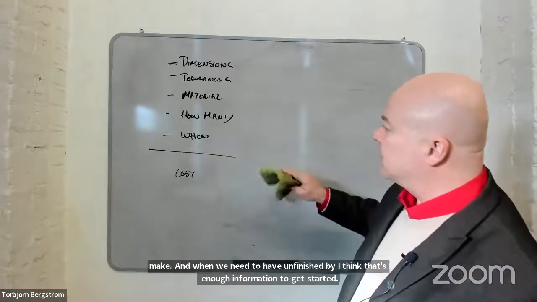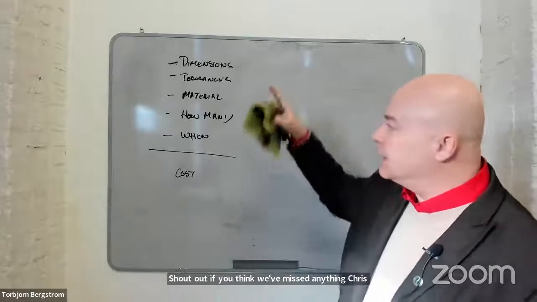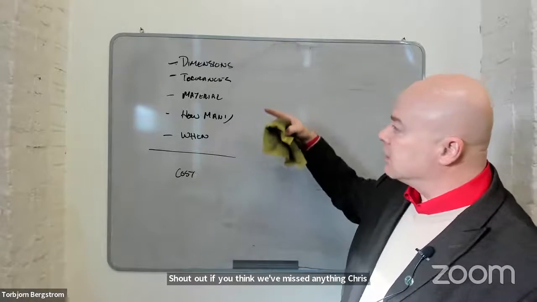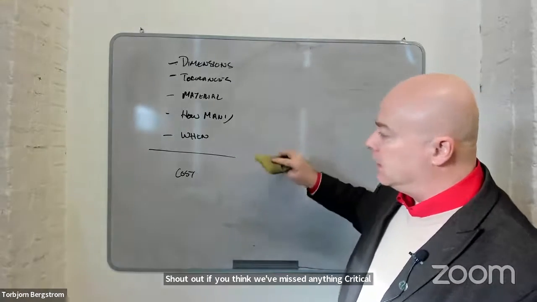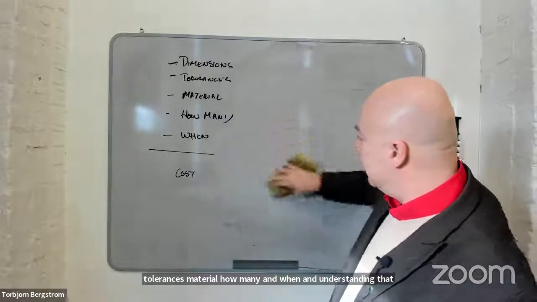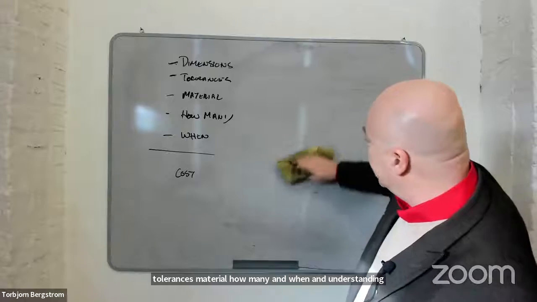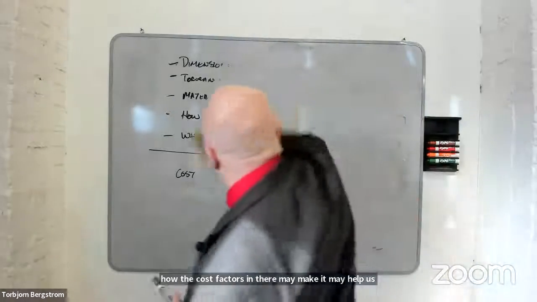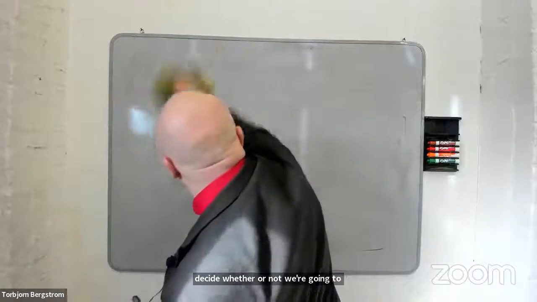Shout out if you think we've missed anything critical here, but I think that'll get us started. Dimensions, tolerances, material, how many and when. And understanding how the cost factors in there may help us decide whether or not we're going to be able to do it. But I think that gets us going.